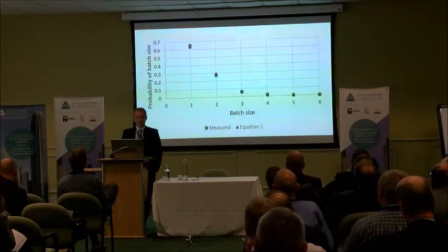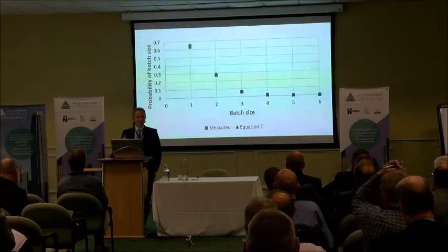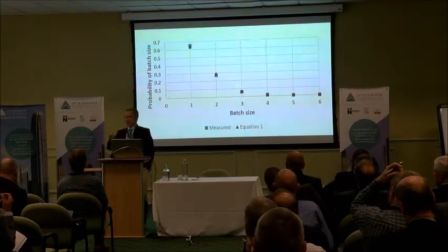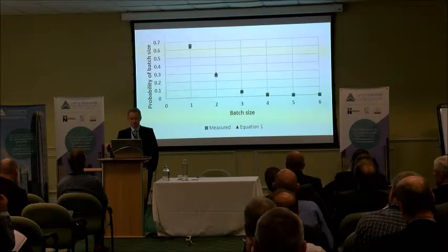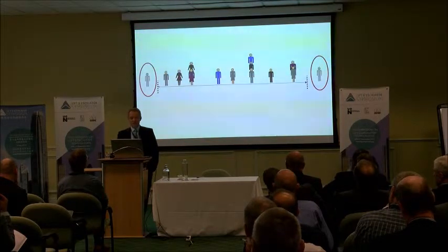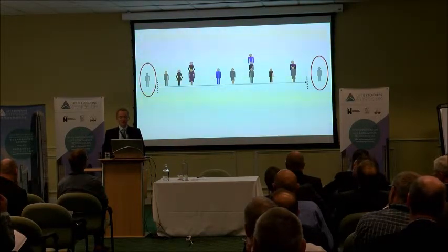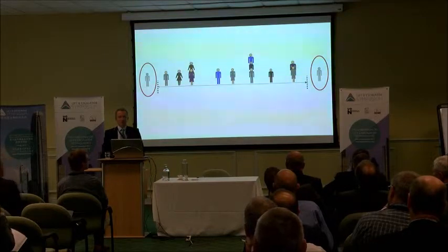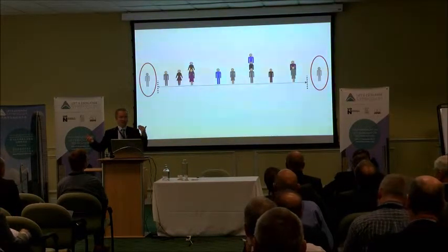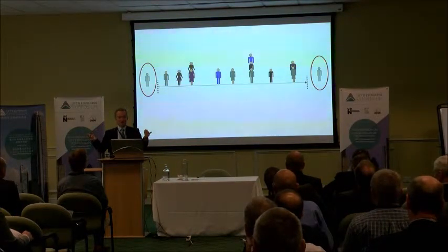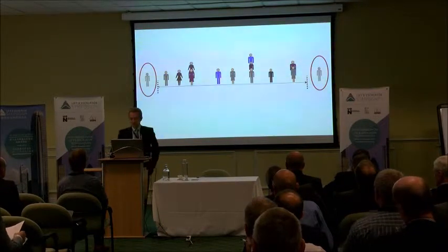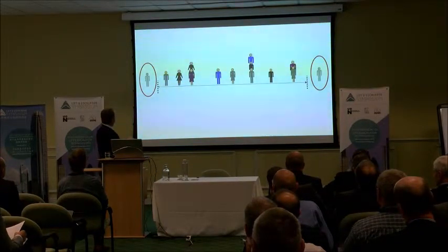You can see that we can model very closely, just from one average batch size, all these different possibilities. The other thing we've done in the generation process is create a ghost person at the beginning and end of each period, which avoids having a person at the start of the period.